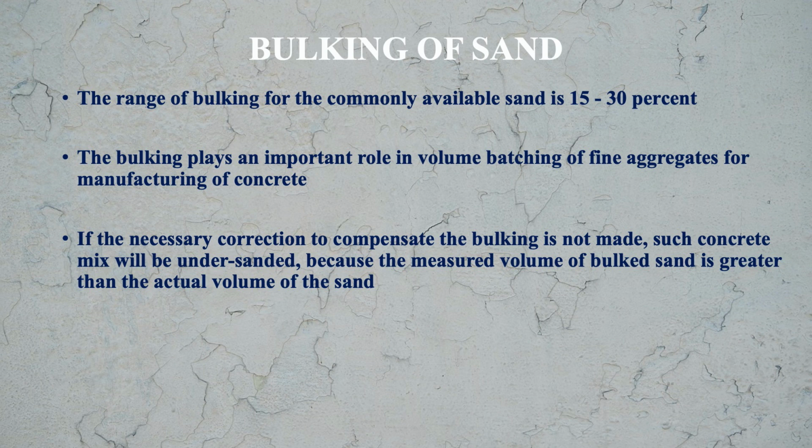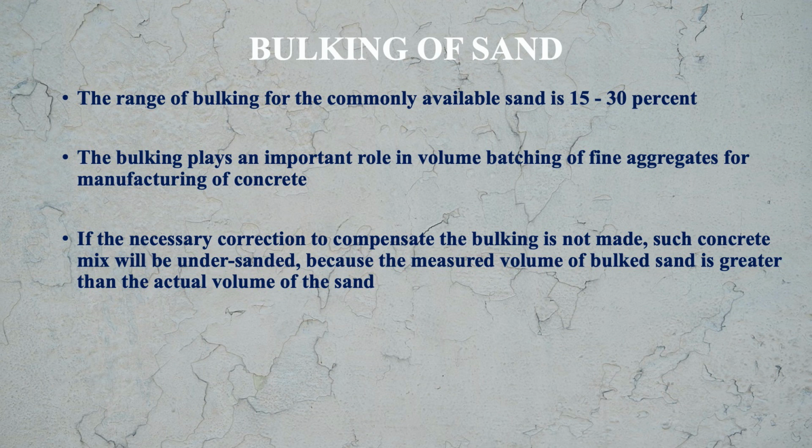Now the range of bulking for the commonly available sand is 15 to 30%. Bulking plays an important role in volume batching of fine aggregates for manufacturing of concrete. Basically we have to be very careful when we are doing batching by volume, because due to bulking the measured volume will be more than the actual volume.